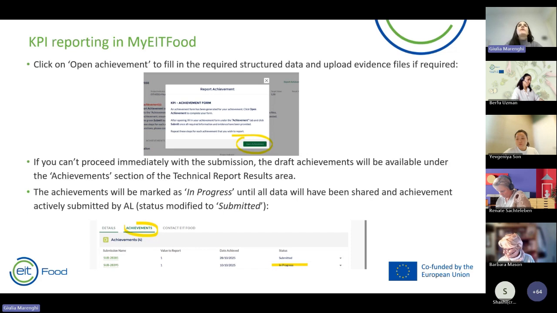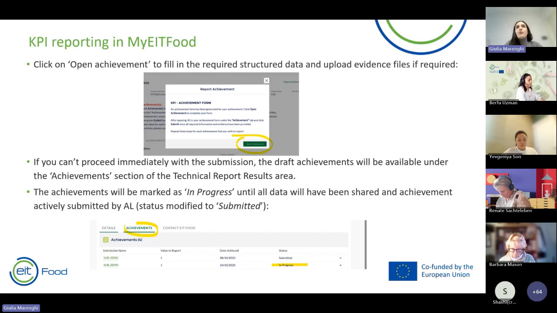Let's now take an example, for example, this marketed innovation. After I have declared that I am submitting 1 achievement, for which I will share documentation later, I will click on submit, and a window will automatically open, confirming that a KPI achievement form has been created.